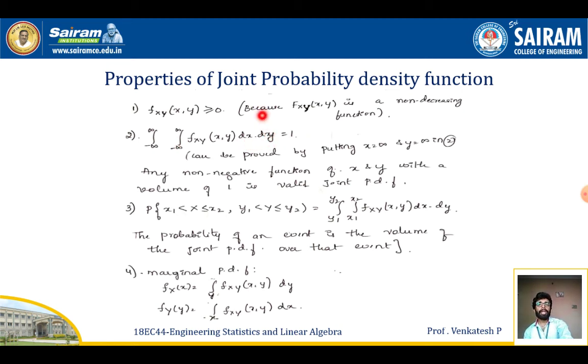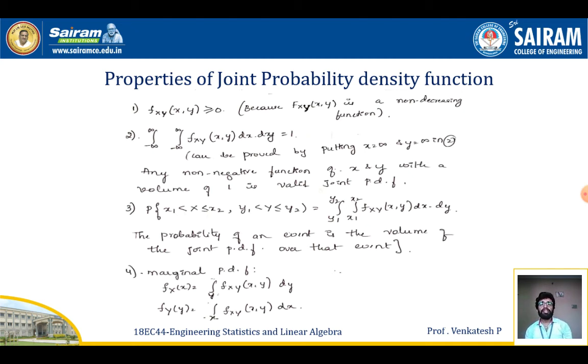So these two are the main properties to satisfy that the function is a joint probability density function in case of continuous random variables. Any non-negative function of x comma y with a volume of 1 is valid as a joint PDF.